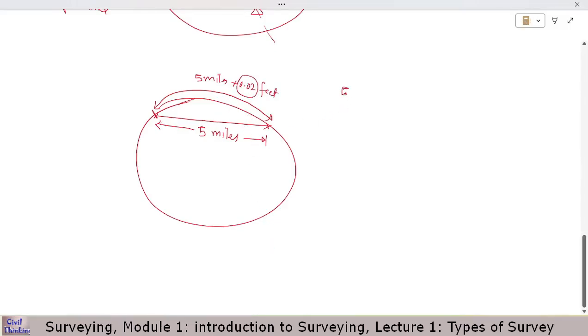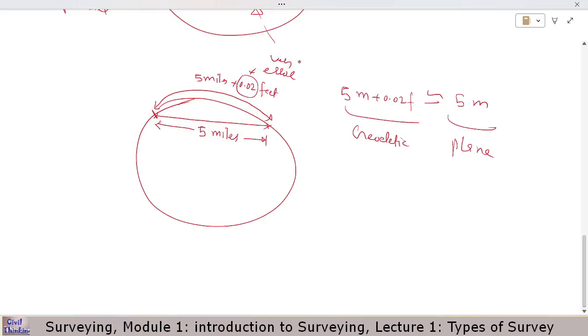This 5 miles plus 0.02 feet is approximately equal to 5 miles. So this is geodetic survey, and here it is plane survey. The error is 0.02, this is very small, right?